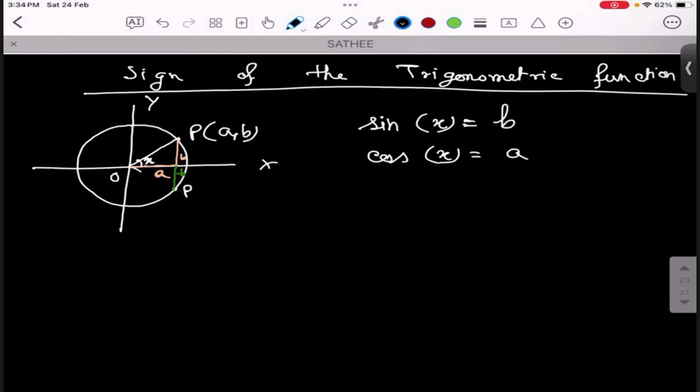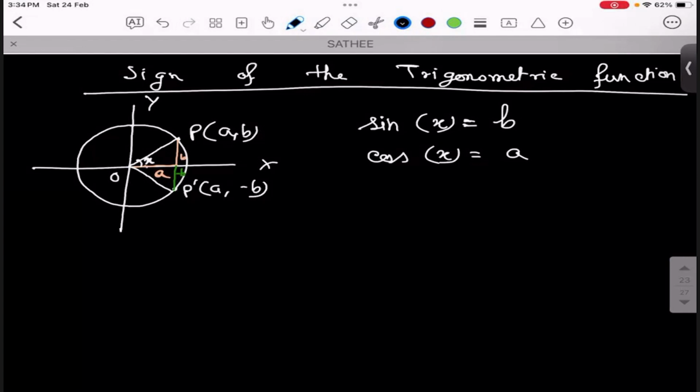This should be the same because it is the positive radius of the unit circle, so it must be 1. So what about the coordinates of the point P dash? That should be A, minus B.